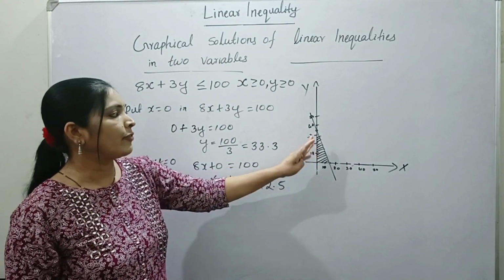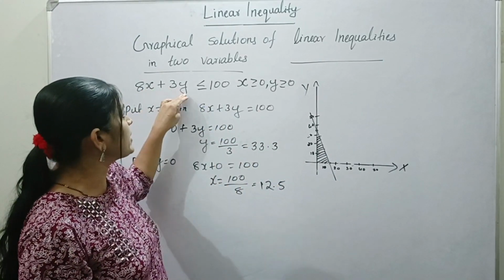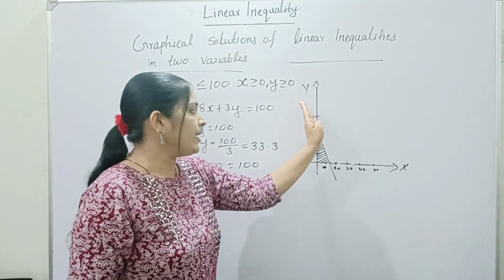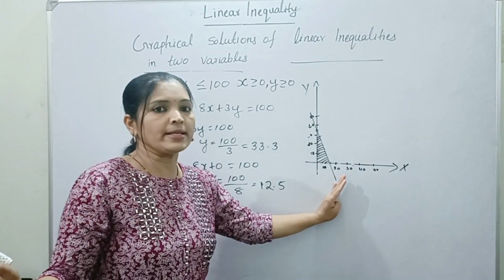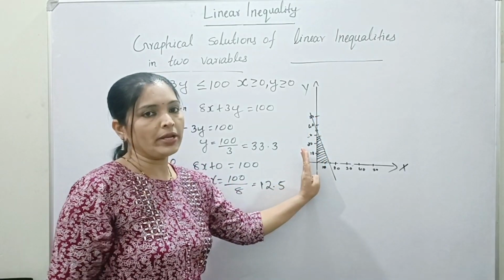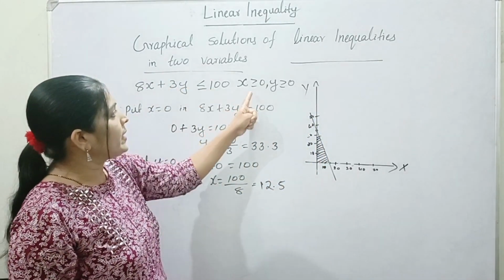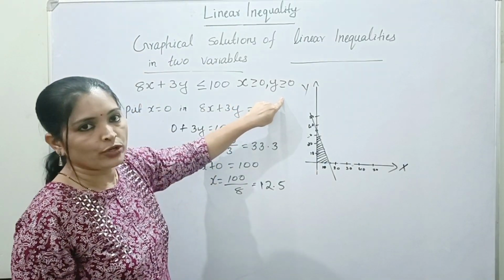Why? Because the line is nothing but 8x plus 3y equal to 100, isn't it? So less than 100 means it is coming down, below 100.